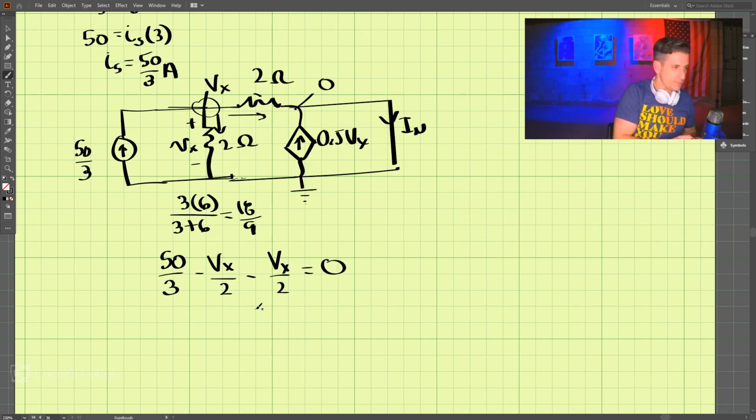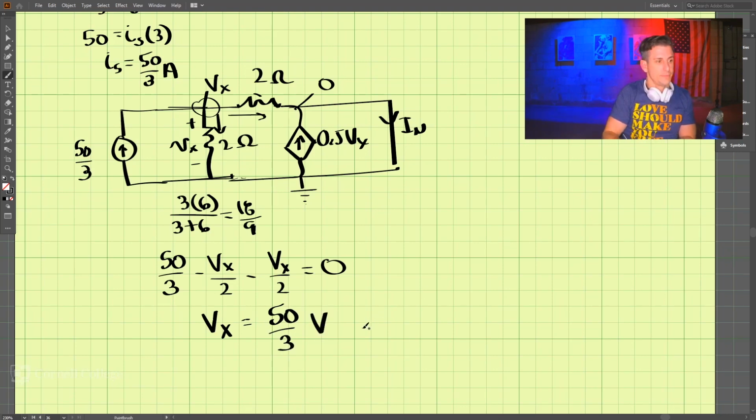And solving, let's see, what is Vx? Vx is equal to 50 divided by 3 volts.